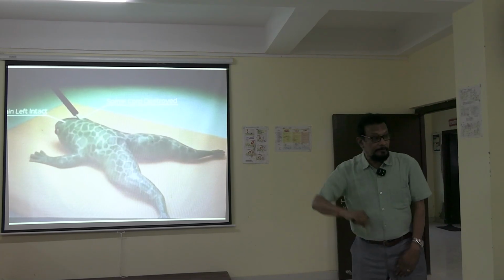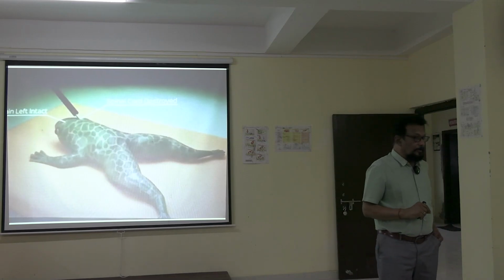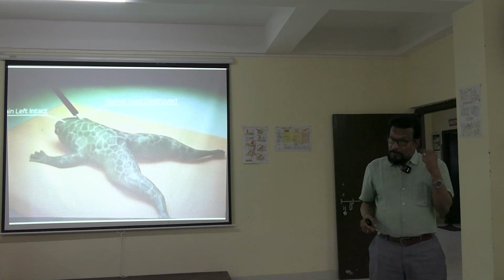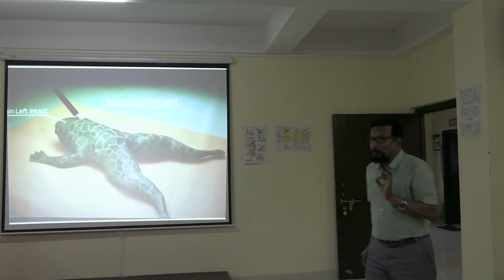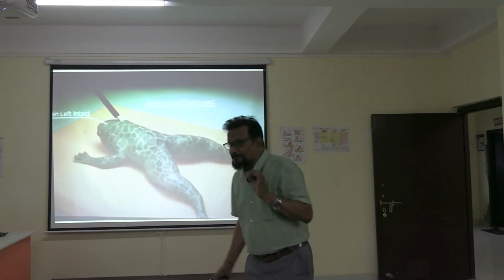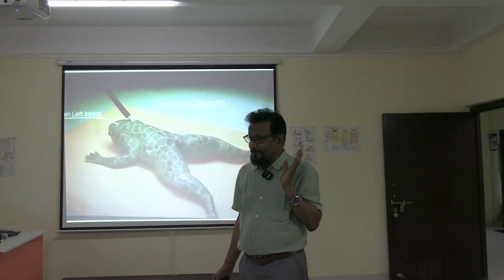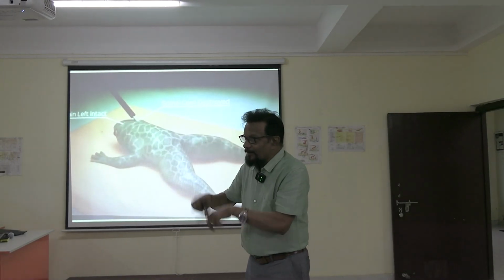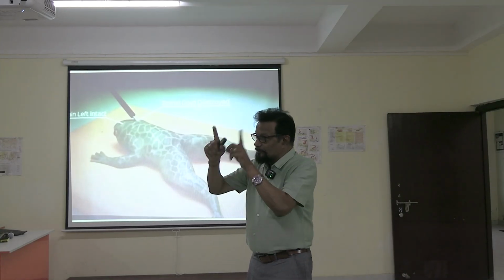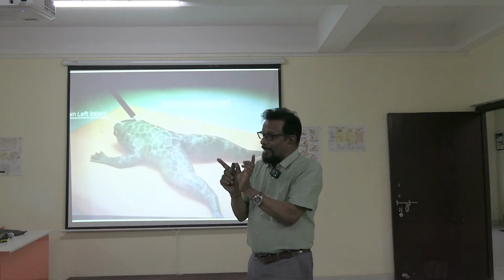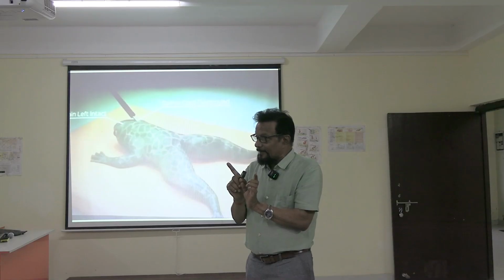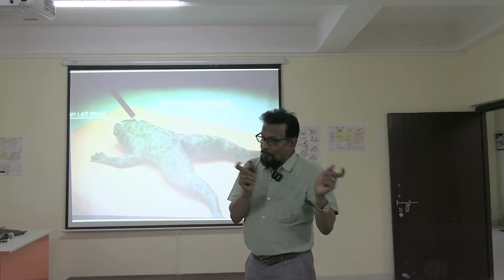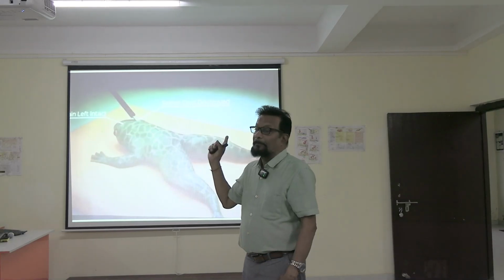But here we will not destroy the brain, only the spinal cord, because we may do some experiment with the vagus nerve. The vagus nerve is a cranial nerve that originates from the brain and doesn't go through the spinal cord. So that's why we kept the brain intact, if you want to demonstrate the activity of the vagus nerve on the heart.